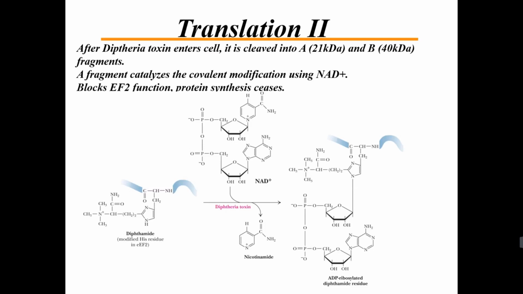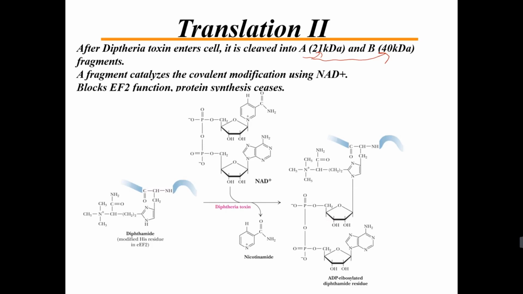The toxin typically is cleaved shortly after entering a target cell into two fragments, the A fragment, and the size is depicted here, along with the B fragment. The A fragment is what actually catalyzes the covalent modification of an important component of the protein synthesizing machinery, whereas the B fragment enables the A fragment to enter into the cytoplasm of the target cell.